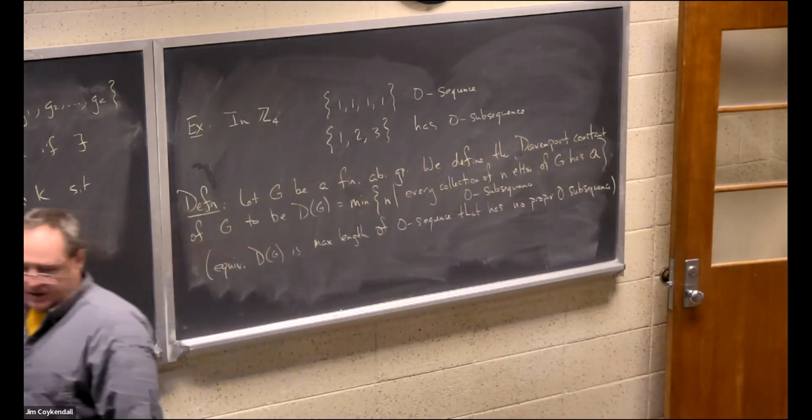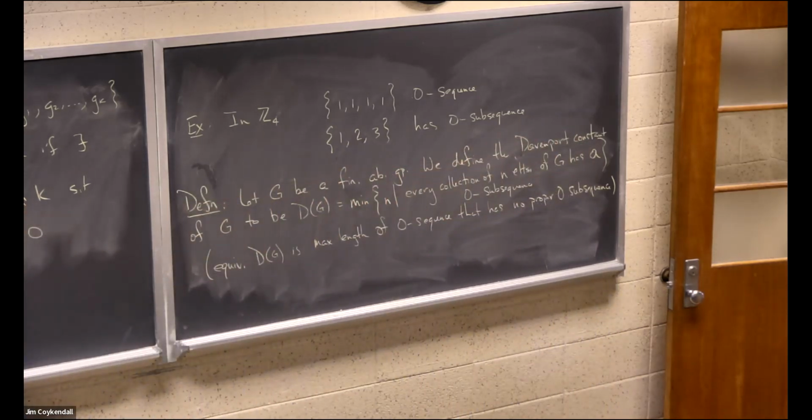So it'll be convenient to think of it both ways. From one point of view, it's the smallest n such that any collection of n elements is guaranteed to have a zero subsequence. Or another way to think of it, it's the longest zero sequence you can build that has no proper zero subsequence. And it's that characterization that's going to help us out here.